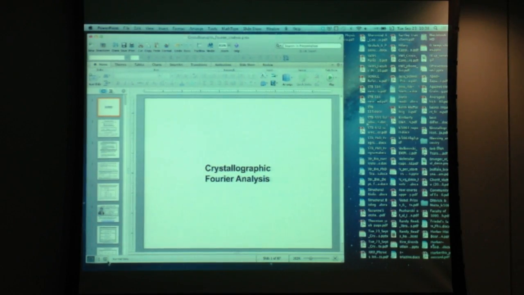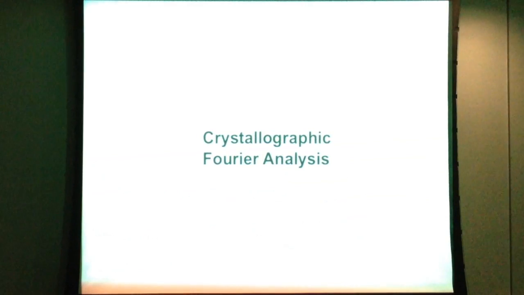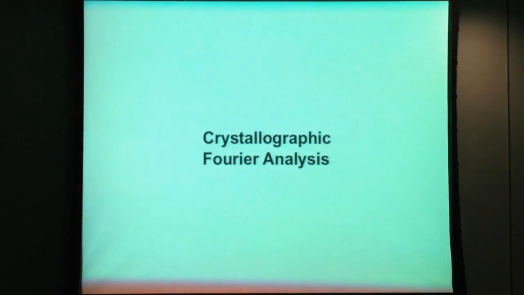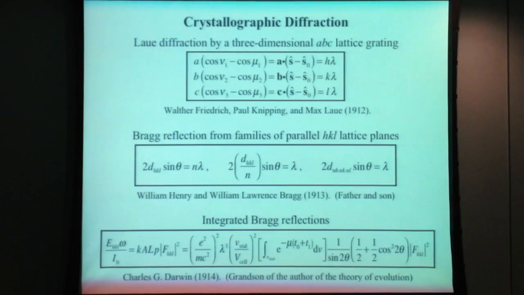And now we're getting into where all of this sine, cosine, and superposition business and the Euler formula was taking us. This is where we wanted to get. So these, we remember, are the basic relations coming from Laue and the Braggs, and then subsequently the intensity formula from Charles Darwin.